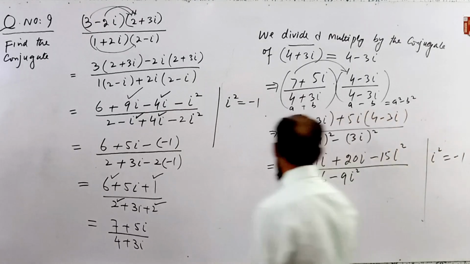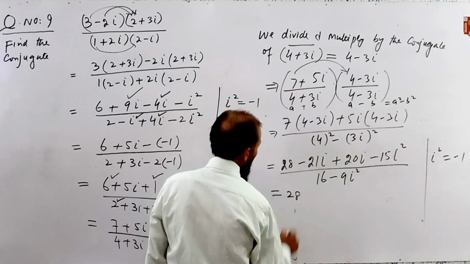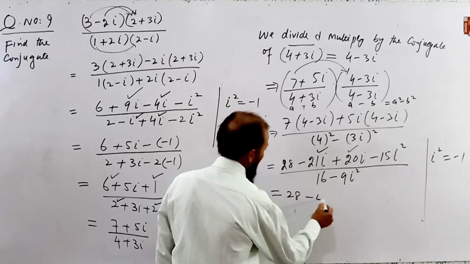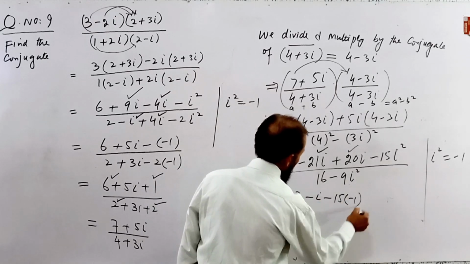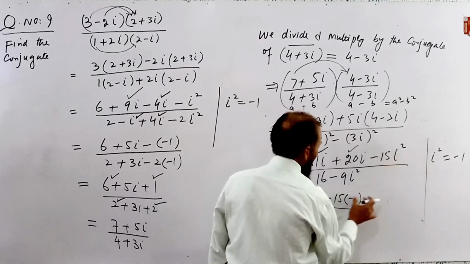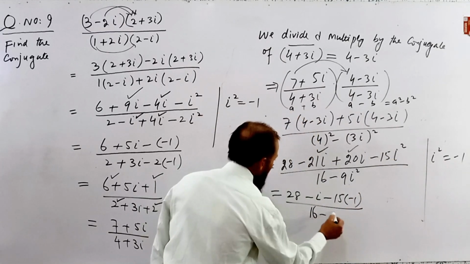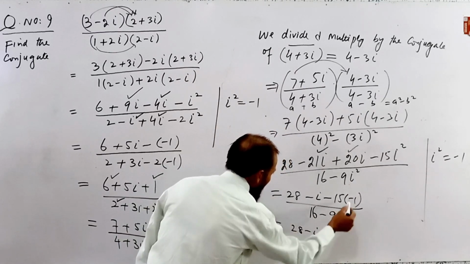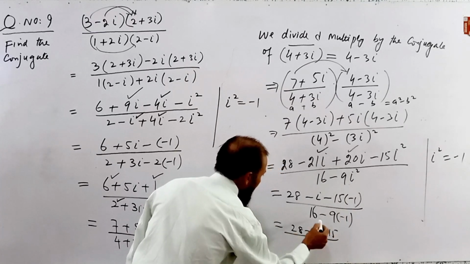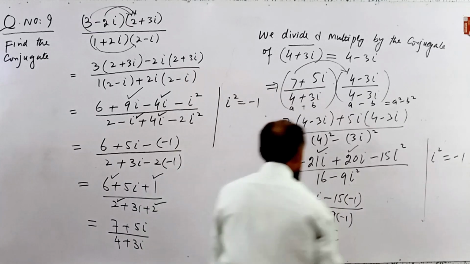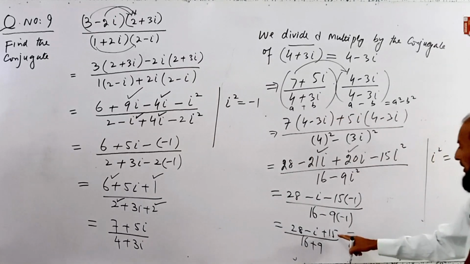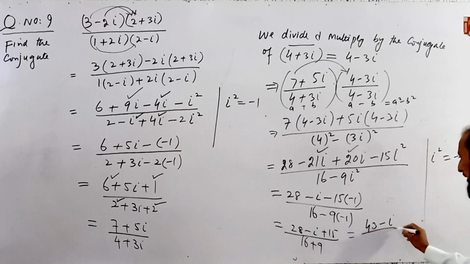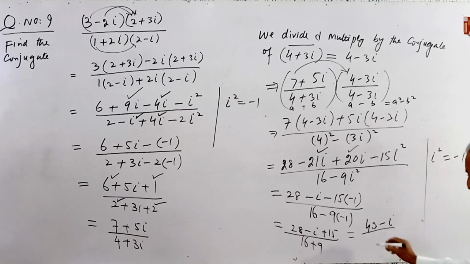So the result is 28, minus 21i plus 20i, we get minus i, minus 15 into minus 1, divided by 16 minus 9 into minus 1. Further we simplify: 28 minus i, minus into minus plus 15, divided by 16 plus 9. Now we add the real part, we get 43 minus i divided by 25.